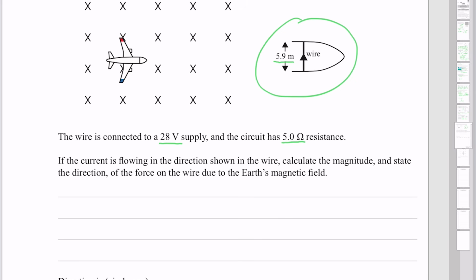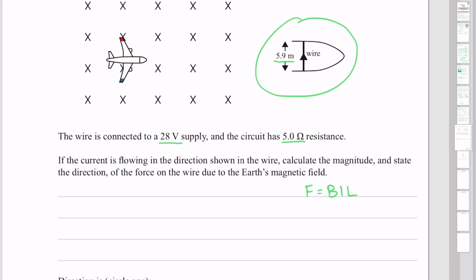So first of all, let's find the magnitude. Now, the equation for the force on a wire in a magnetic field is this one here. We know our magnetic field, we're given that earlier, and we know the length of the wire, 5.9 meters. We don't know the current though, so let's find that.